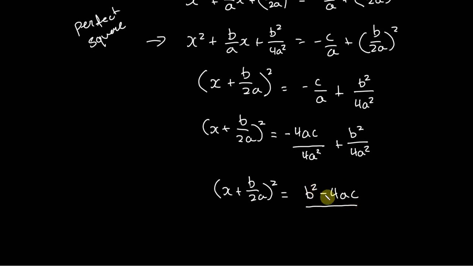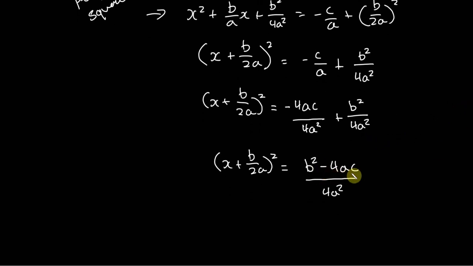So we have b squared minus 4ac, all of that over 4a squared.